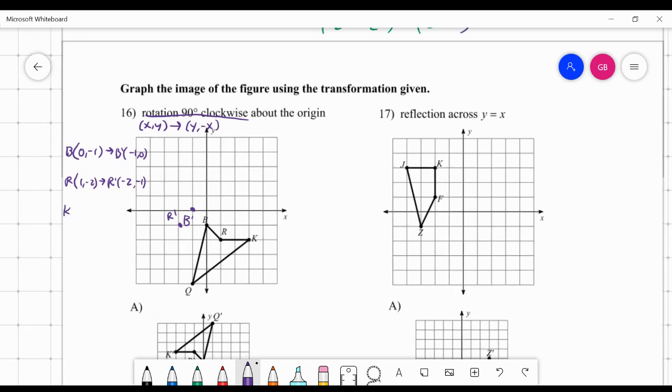If K is (3, -2), then K prime is (-2, -3).